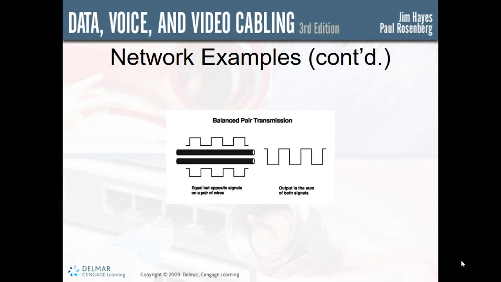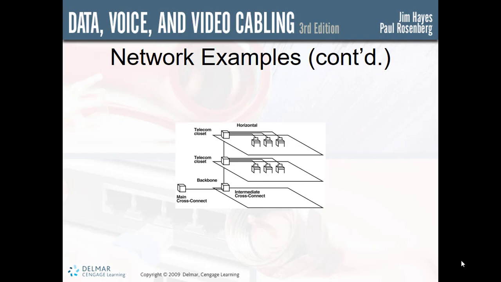UTP limitations on distance and bandwidth have led to the widespread use of optical fiber, generally multi-mode, in LAN backbones. Optical fiber can also be used directly to the connected devices. This requires using hubs and switches with optical ports and media converters at the PC, but allows removing all electronics from the telecom room, often at significant cost savings.